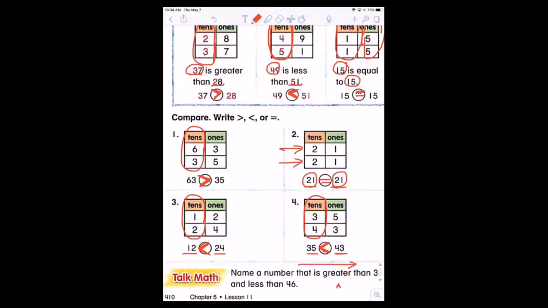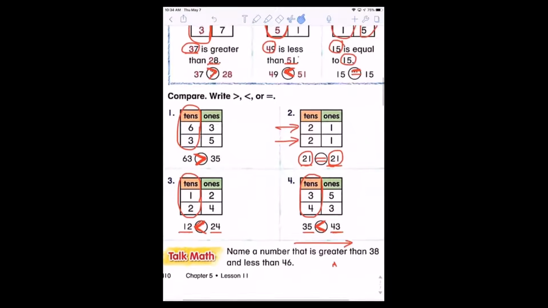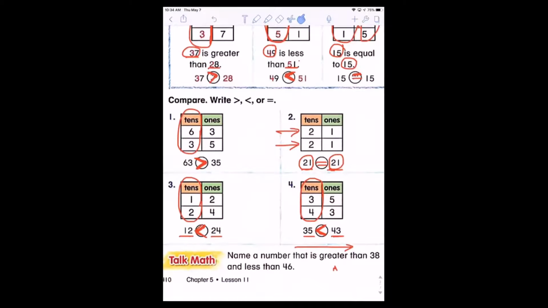Okay. Now the next one on the bottom. Name a number that is greater than 38. So what is a number greater than 38, Santiago? Santiago, what's the number greater than 38?